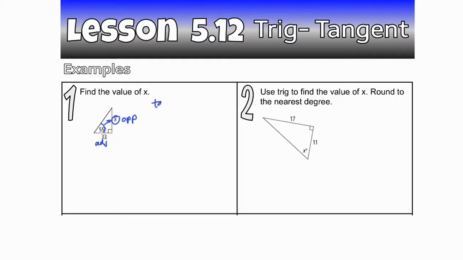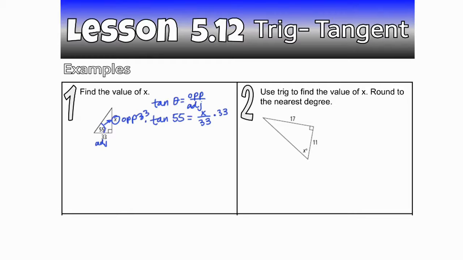The tangent of theta, remember, is the opposite divided by the adjacent. And so the tangent of 55 is going to be equal to the opposite, which is x, divided by the adjacent, which is 33. Then I'm going to get rid of that divided by 33 by multiplying by 33 on each side.